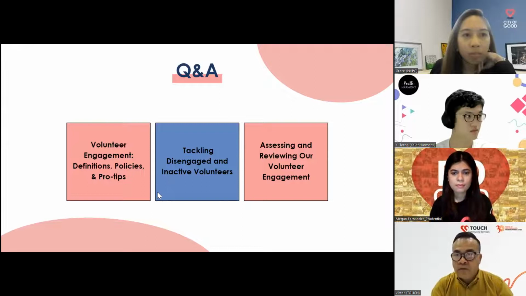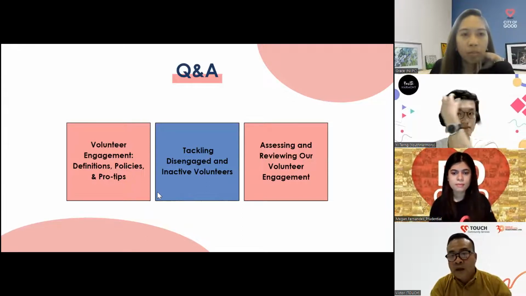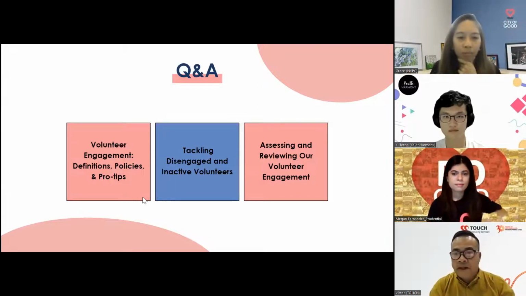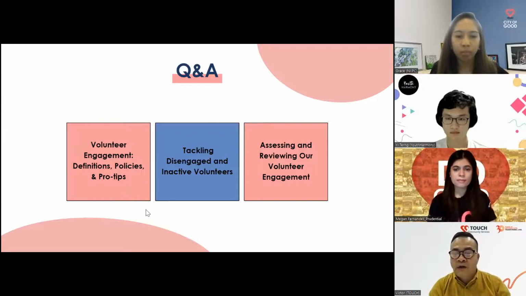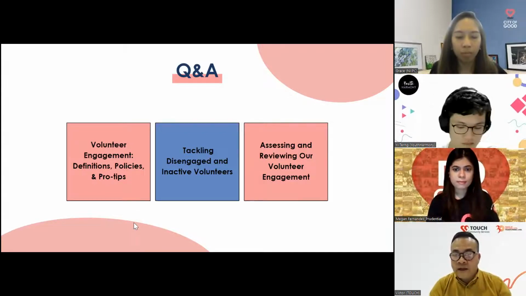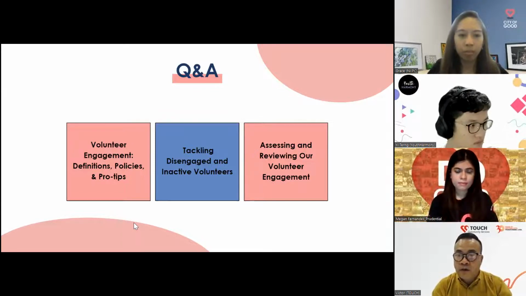We are very thankful that there are a group of volunteers who stay around our center. These are the volunteers whom my colleagues have had a friendship with over the years. They do not mind being on standby, meaning that as and when we need them, we will activate them so that they will come and help us in the areas of our needs.